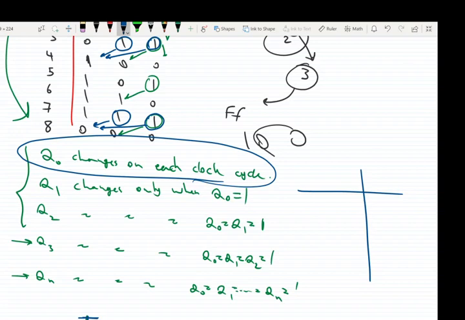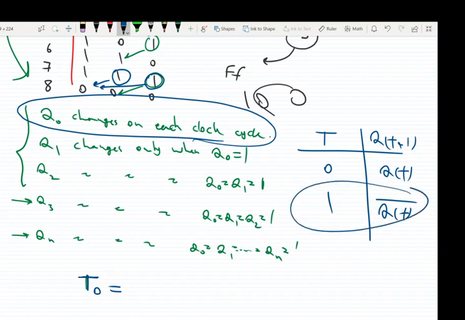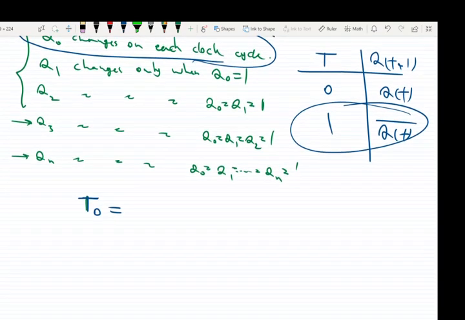Remember the characteristic table of the T flip-flop: if T is 0, Q(t+1) is Q(t). If T is 1, Q(t+1) is Q(t) bar. Because Q0 changes on each clock cycle, T has to be equal to 1. So T0 is equal to 1.